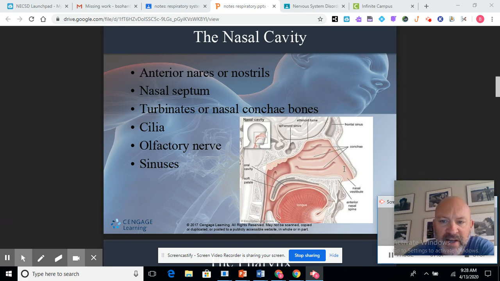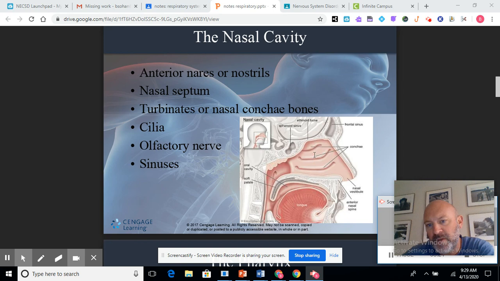If cold, dry air is coming in, we want to kind of convert that cold, dry air into warm, moist air. The capillaries help to warm the air. The mucus helps to moisten the air, but it also helps to trap any particles that might be in the air.